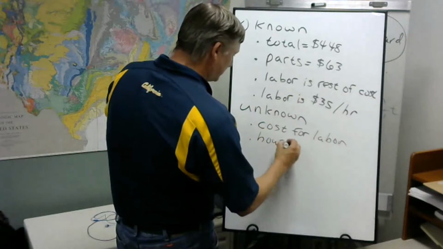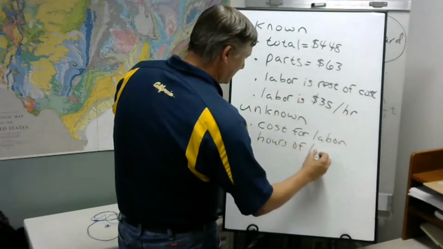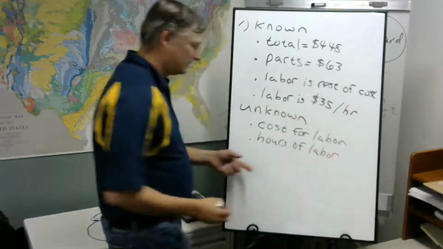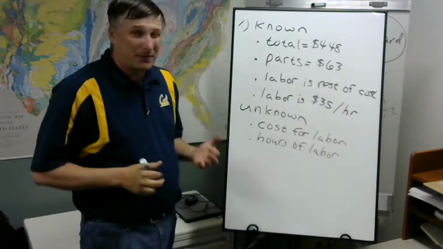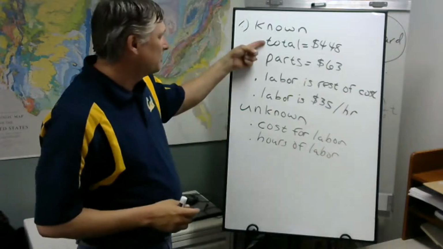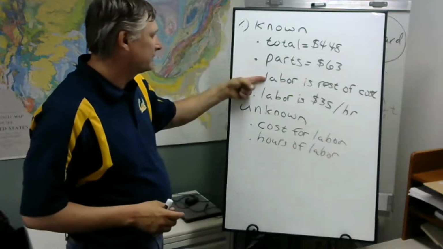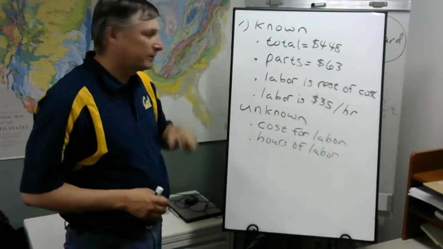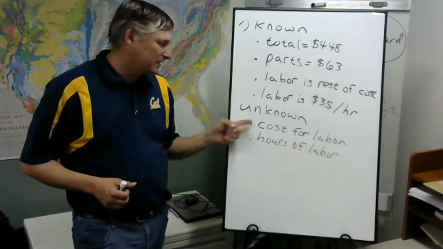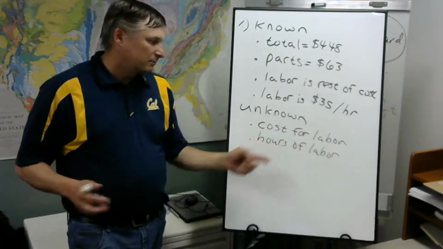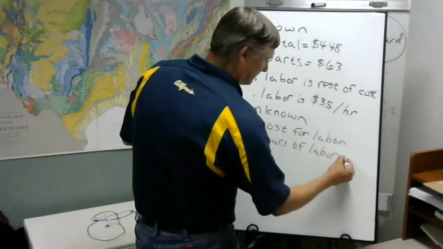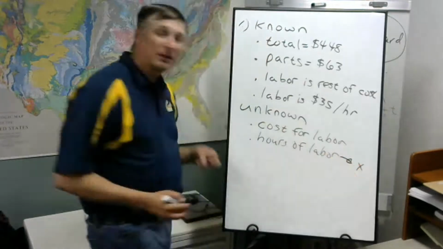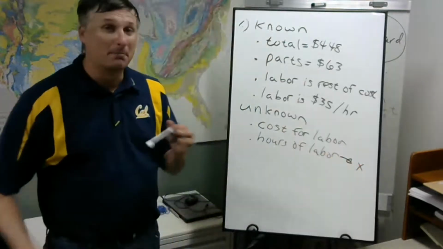So what we really don't know is this one. This is the big thing. And we can get some idea what the cost of the labor is. I mean, the total is coming from parts and labor. Subtract parts from the total, you'll get the price of labor. This is going to be fairly easy to solve. This one, we don't have anything about that. That's just missing. So let's call that X. That's the big unknown.